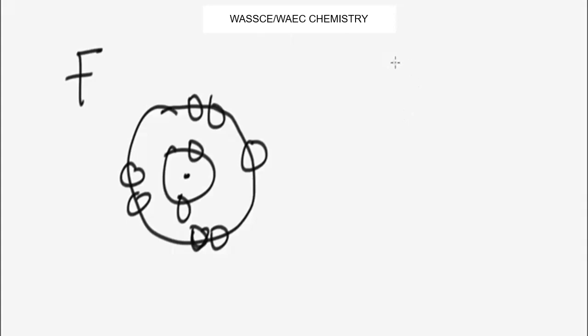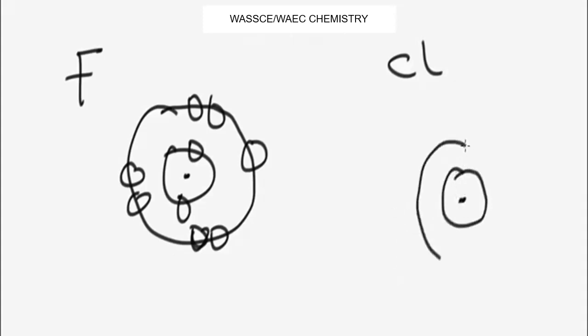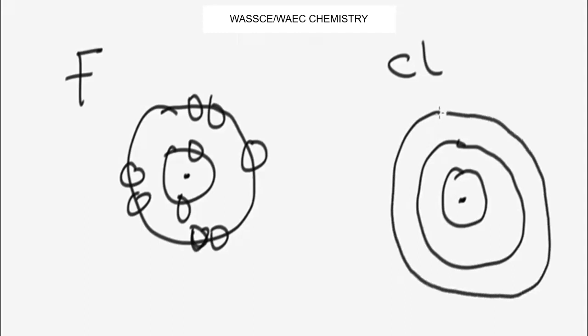Now, what of chlorine? Chlorine has atomic number 17. So this will be the first shell in the nucleus, this will be the second shell, and this will be the third shell. The first shell contains a maximum of 2 electrons. The second shell will have 8 electrons.